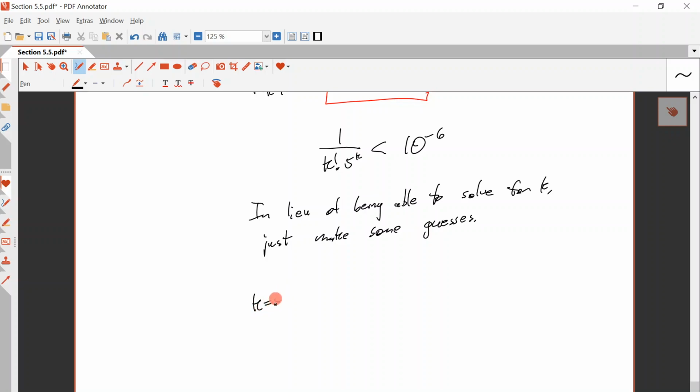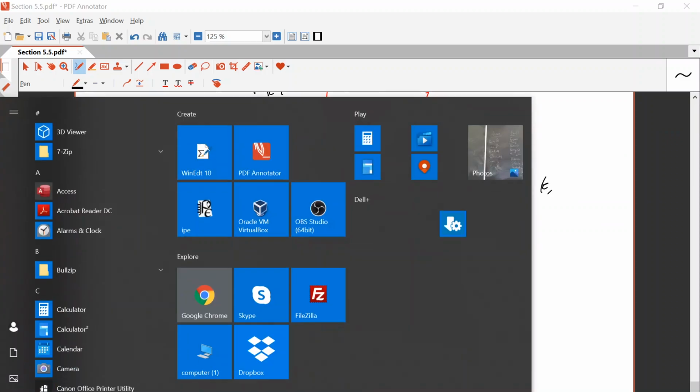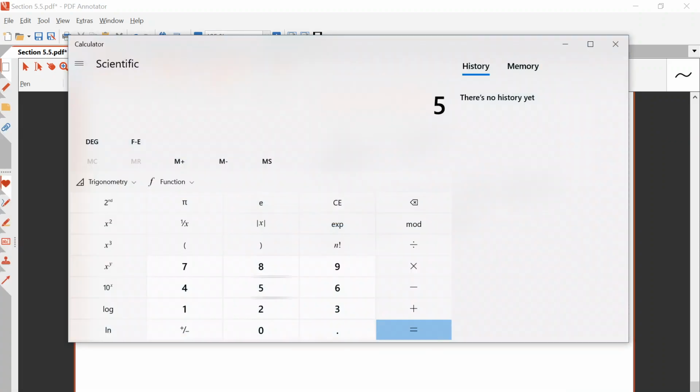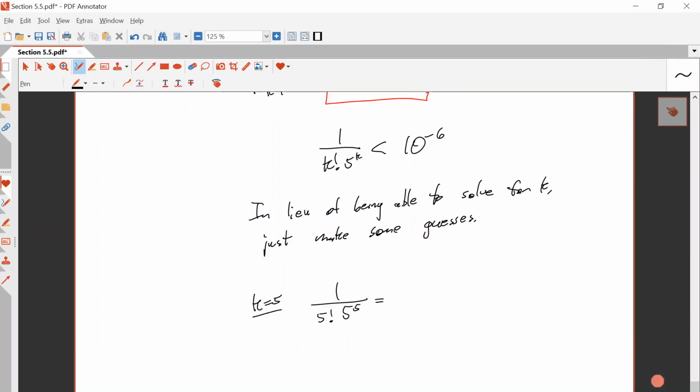Alright, so for k equal to 5, 1 over 5 factorial 5 to the 5 is equal to, well, 5 to the 5th is that, times 5 factorial is 120. So that's 1 over 375,000, which is not less than 10 to the minus 6.